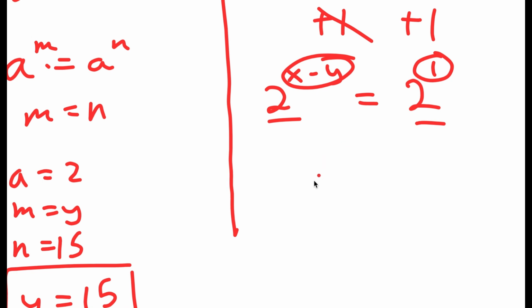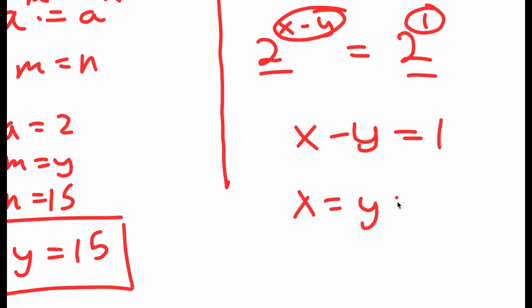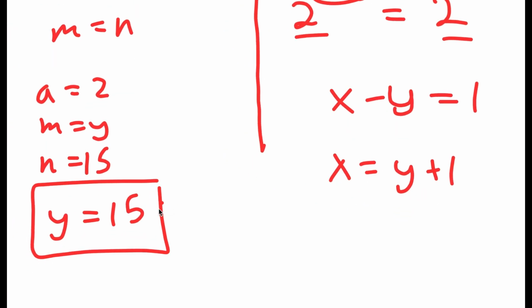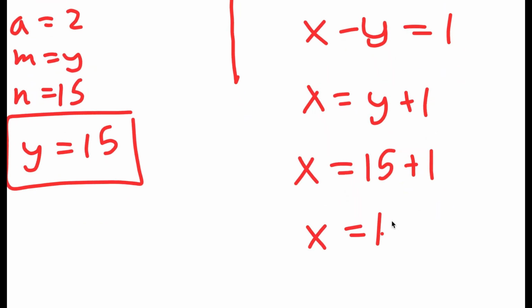So now I have x minus y is equal to 1, and this means that x is equal to y plus 1. Now, we have y equals 15. So if y equals 15, that means x is equal to 15 plus 1, meaning x is equal to 16.